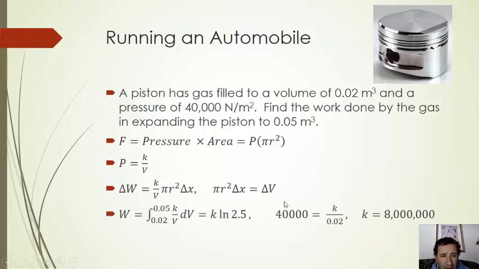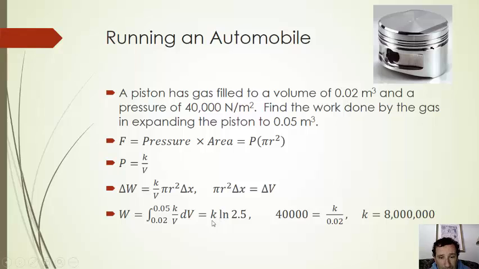Now I can put this together and say that the work, if we add them all up, now instead of a delta x, we have a delta V, so we're going to have a dV, and we're going to integrate K over V dV from the beginning to the end, which is 0.02 to 0.05.